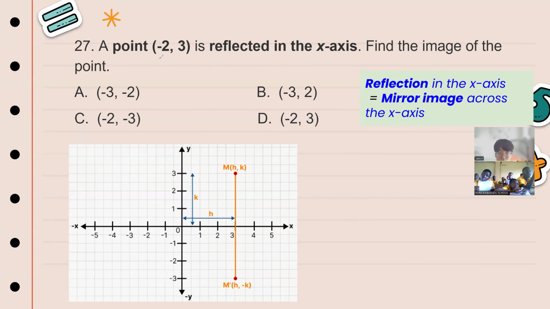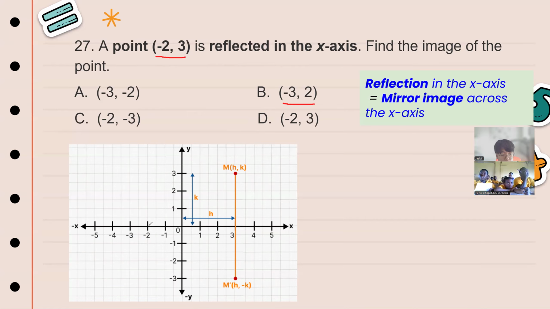Let me draw this point for you. -3, comma 3. Where is it? Did you say B? If you said B, let's look at it again.